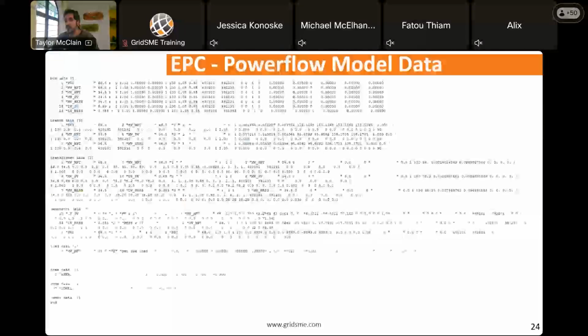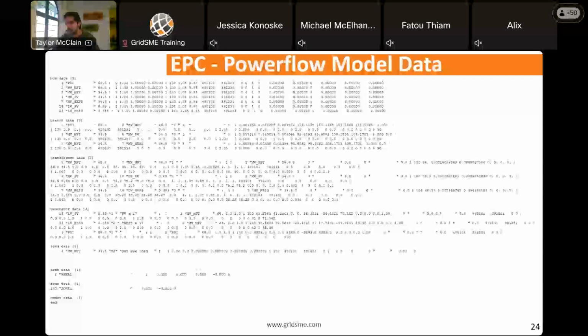So this is the EPC power flow model file that I'm going to use as an example for the rest of this. I geared this towards this presentation, but it came from a valid project. Here you can see all of the bus data, branch data, transformer data, generator data.